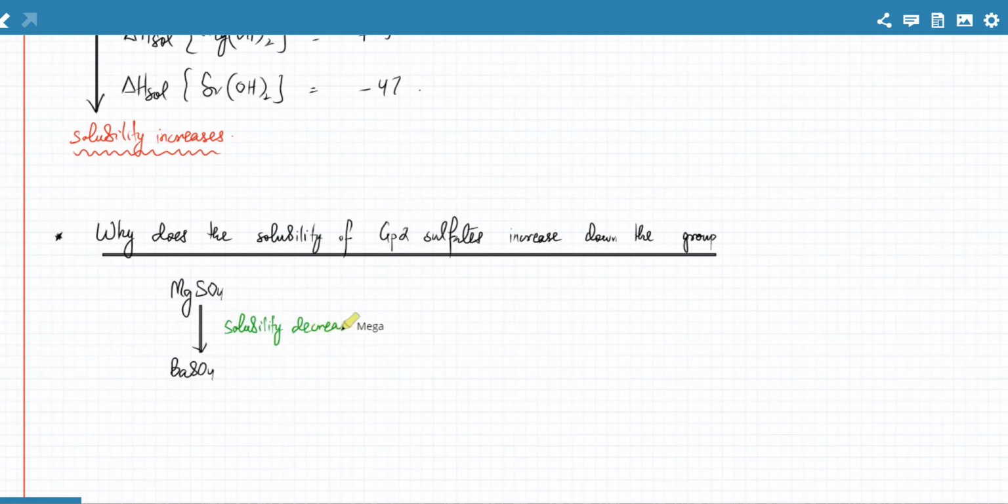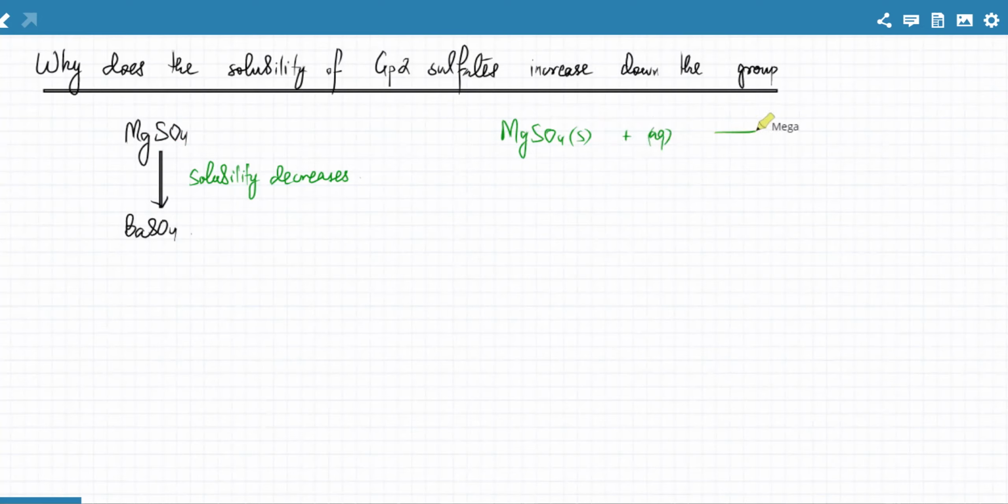So the question is, why does it decrease? For that, I'm going to make this thermocycle again. It's going to be MgSO4 solid. You mix it in water and it turns into aqueous ions.